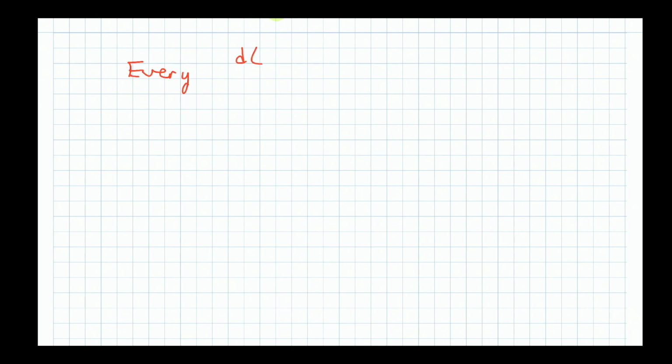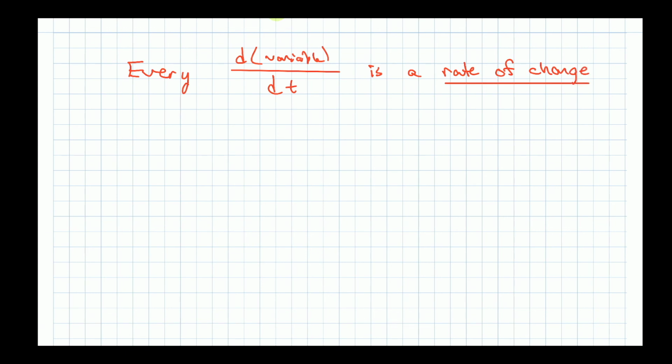d variable dt is a rate of change, right? Remember when we talked about average rates of change and that kind of thing? Every d whatever is a rate of change. So for example, dx dt is the rate of change of x with respect to t, which is time.